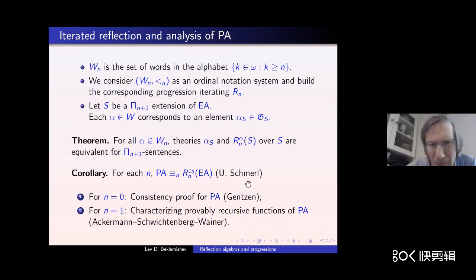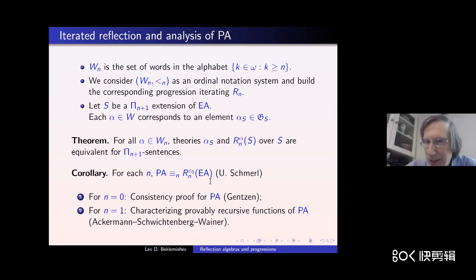This is a result proven by Schmerl, I think in '79 or something like that, the end of the 70s. As you see, it shows that Peano arithmetic is equivalent to Rn reflection iterated epsilon naught times. That means that these two theories prove the same pi n plus 1 sentences, so they are pi n plus 1 conservative over one another.